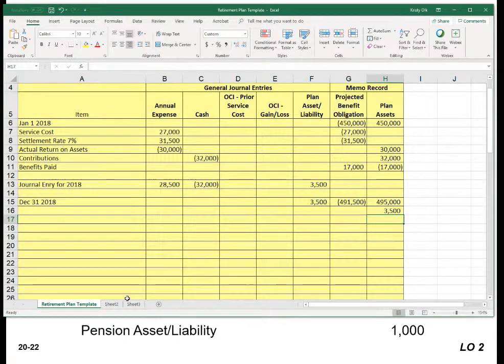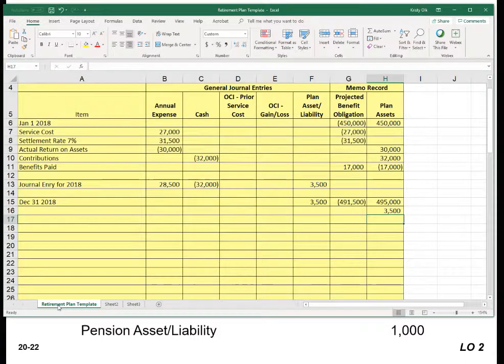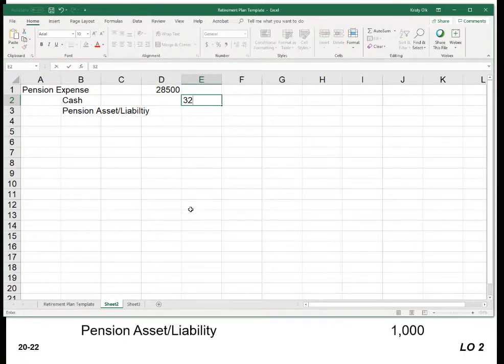And our expense is $28,500. Our cash paid out, I believe, is $32,000. And then $3,500 as a debit to our pension asset liability.